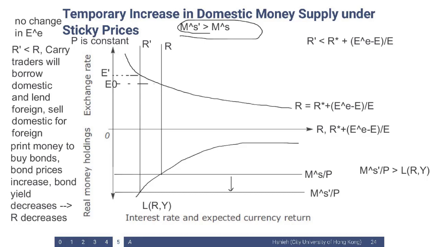And we have UIP, which we will characterize as R equals R star plus E hat E minus E over E. And also to remind you, this axis here is R, or R star plus E hat E minus E over E.